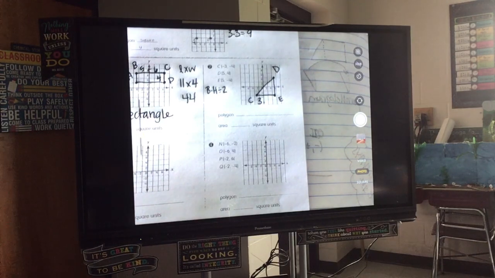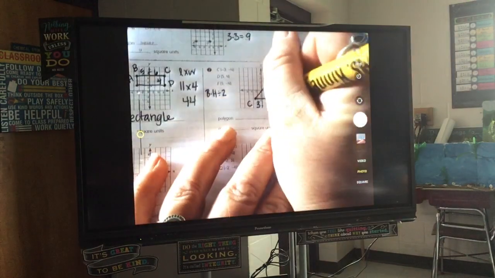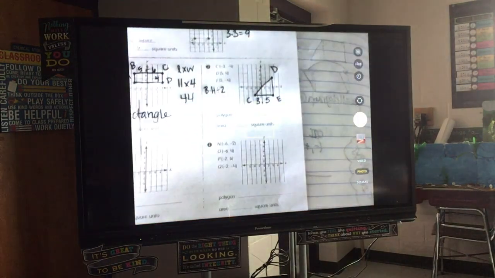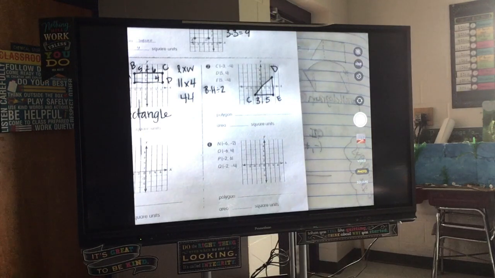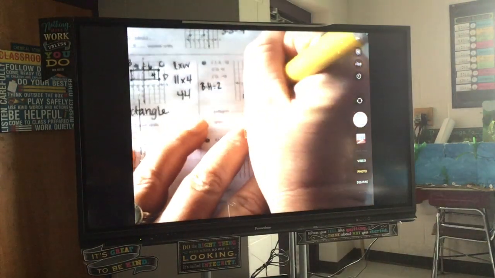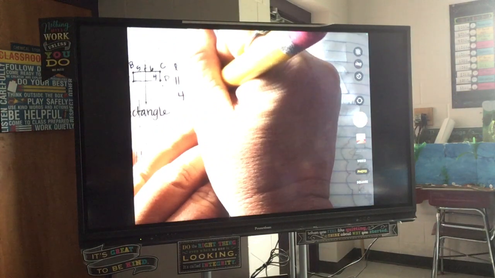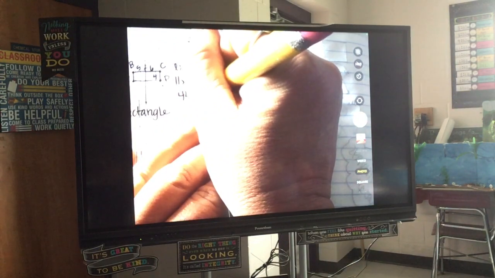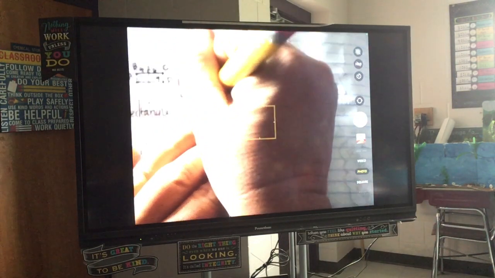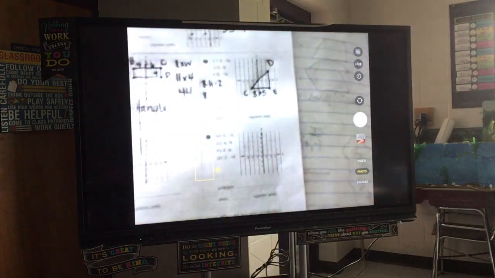What number falls between 4 and 6? 5. So this line, if we needed to figure out what our base was, what do we do with that 3 and that 5? We're gonna add them. So 3 plus 5 equals 8. All right, and then we're gonna do the same thing with our height.